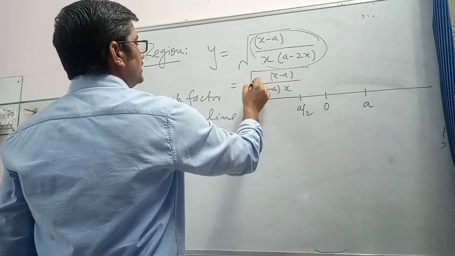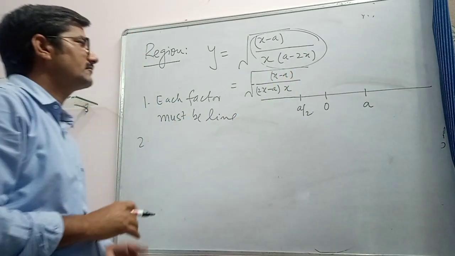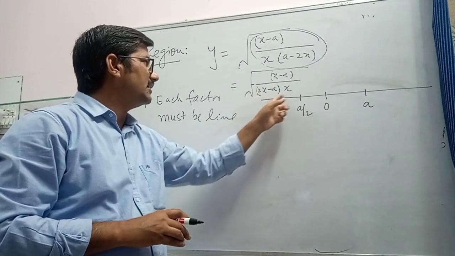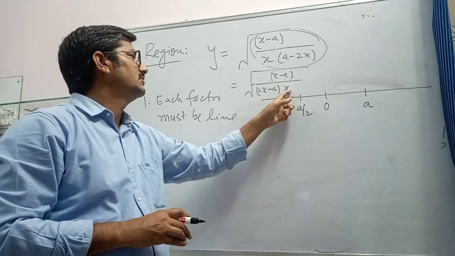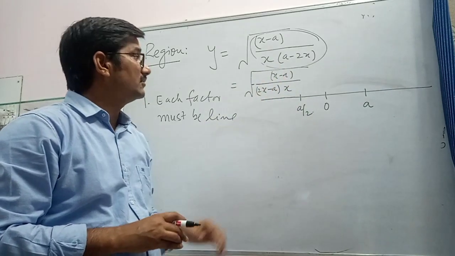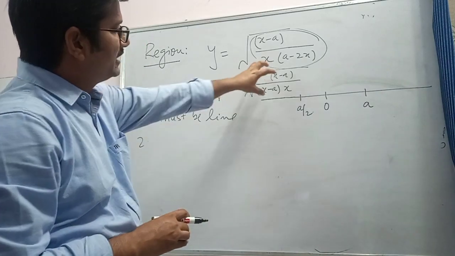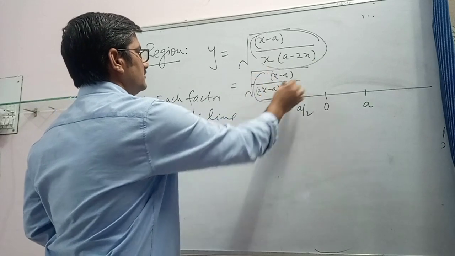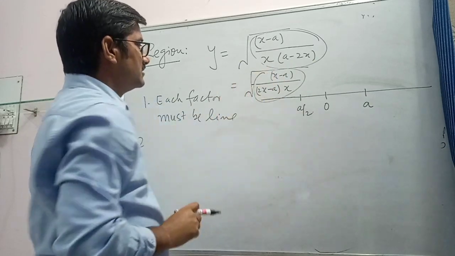So a negative sign is there. It means if we find where this value is positive, the whole expression will be negative there. So now we are interested in checking where this value is positive, because the minus sign is there.